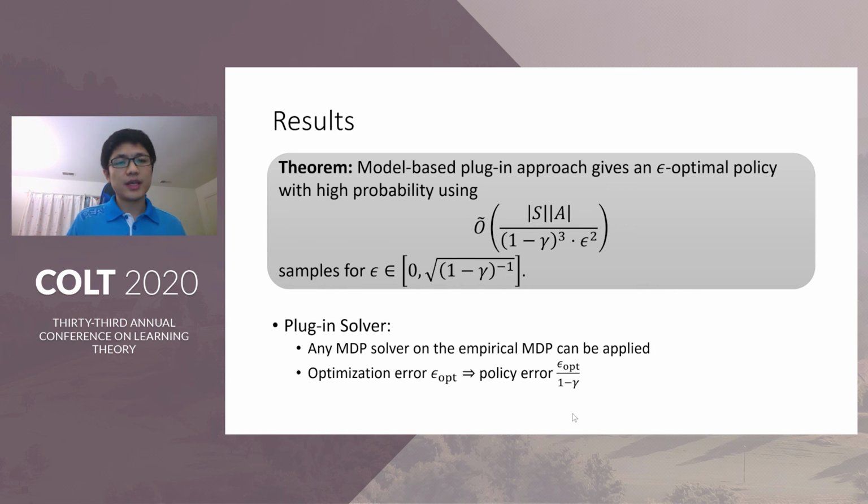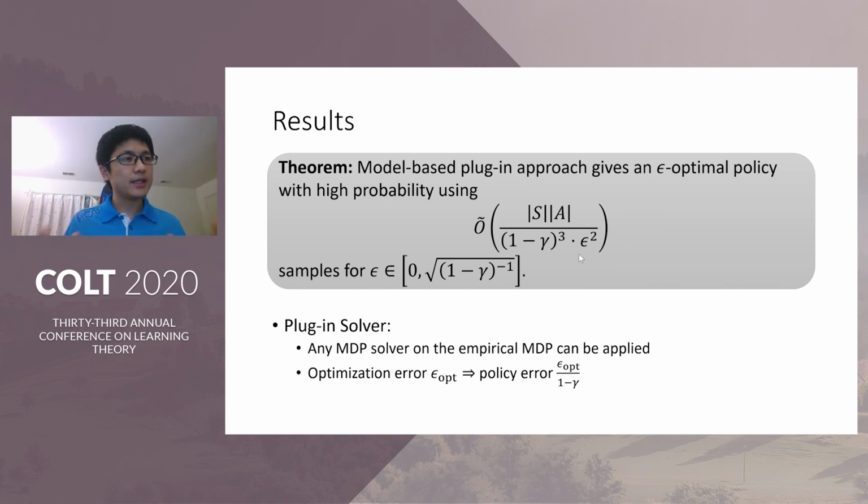Because of this, we are establishing a sample upper bound of this simple plug-in model-based approach, saying that as long as the agent collects a number of samples proportional to 1 over (1 minus gamma) to the 3, and linearly proportional to the number of states and actions, and then 1 over epsilon squared, then this algorithm is guaranteed to output an epsilon-optimal policy with high probability.